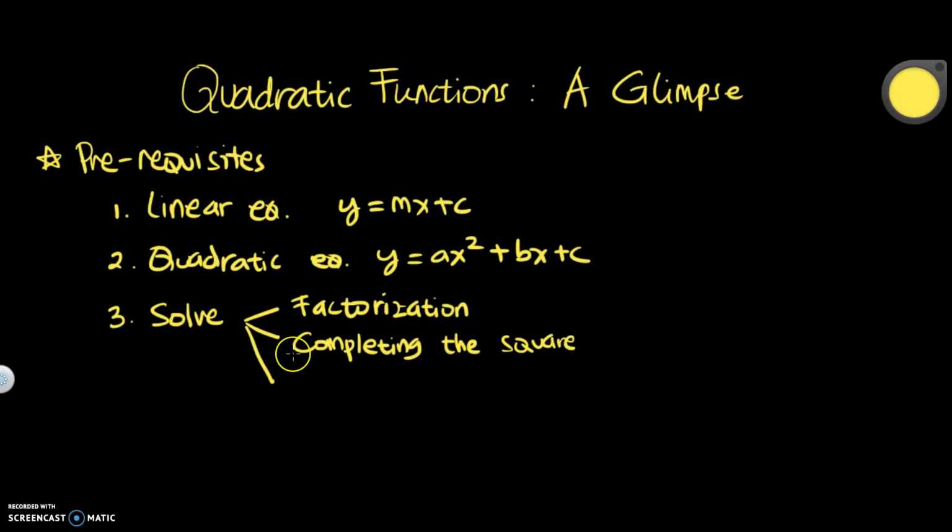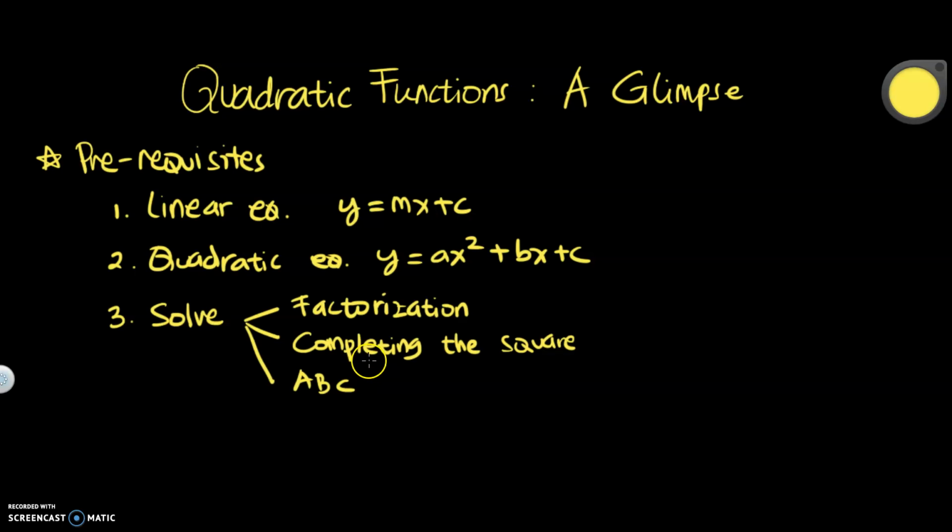And the third one is the ABC formula, or maybe you know it as the quadratic formula. So you have to be able to solve quadratic equations using these three methods, which you can use interchangeably according to the situation later on, right?